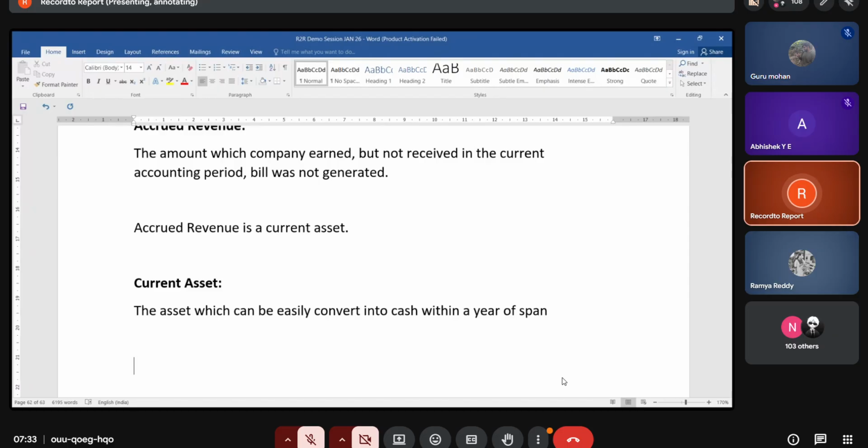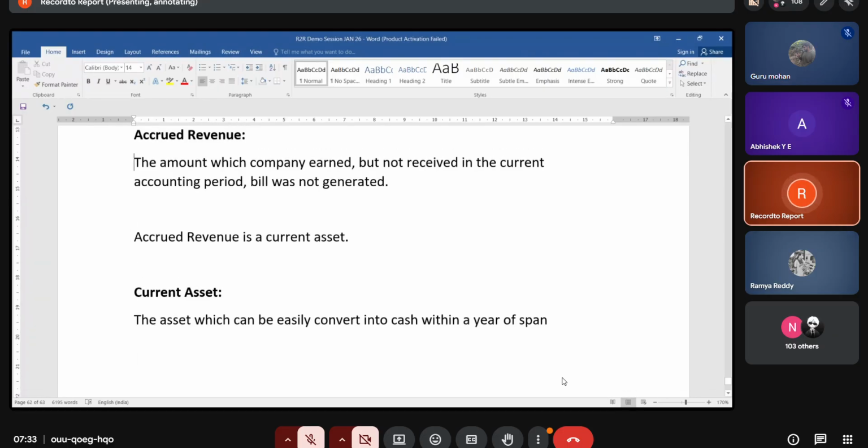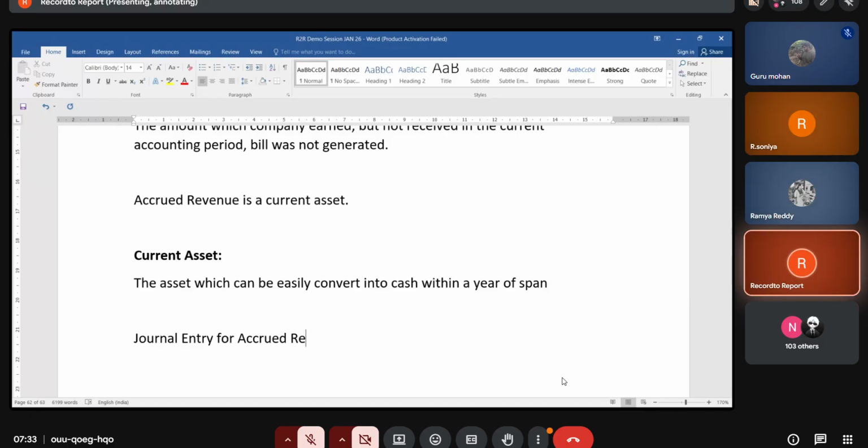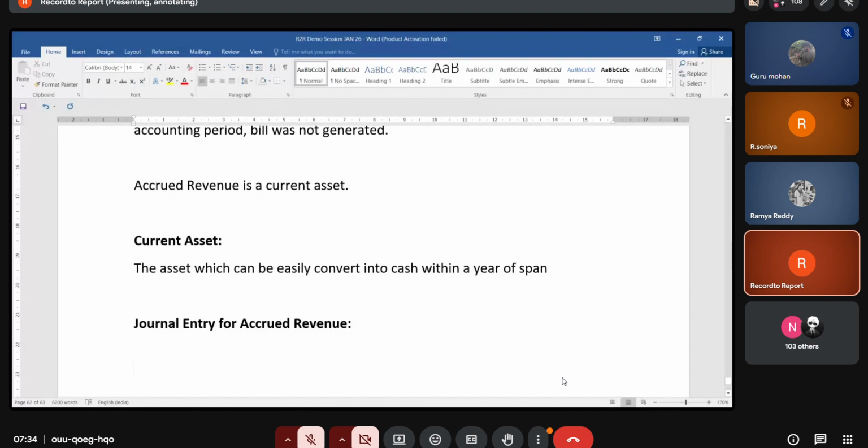So when the asset balance increases, do we need to debit or credit, guys? Debit. Correct. As per the real account rule, debit what comes in. So the journal entry for the same is accrued revenue account debit to revenue account. Accrued revenue is a current asset.